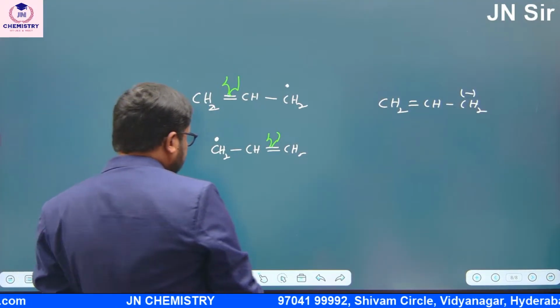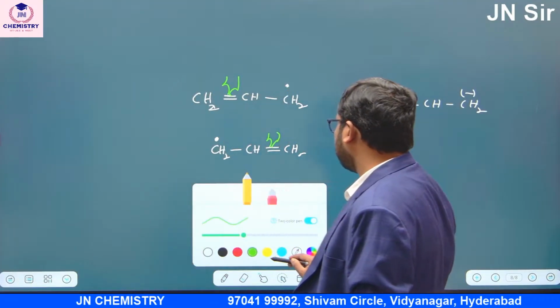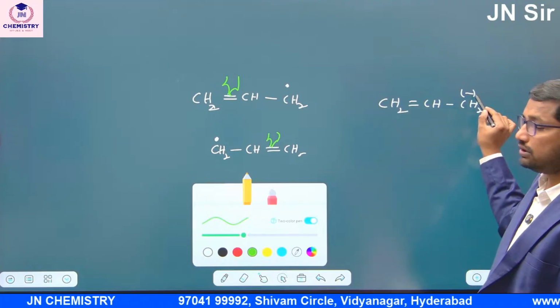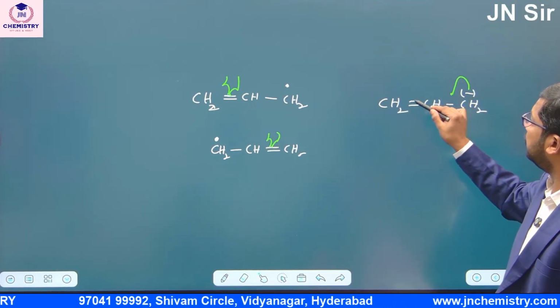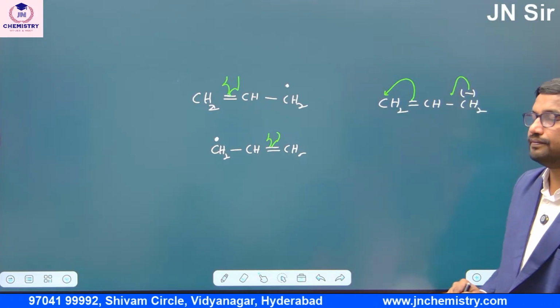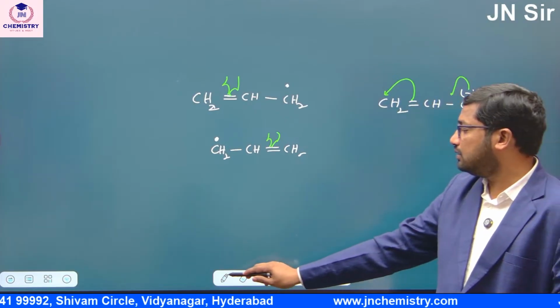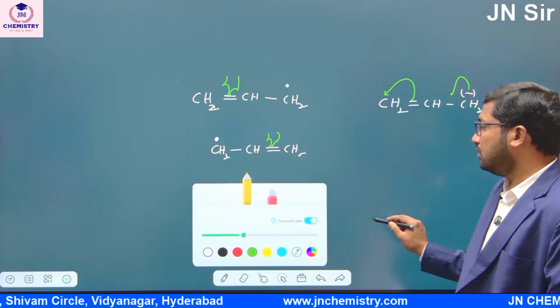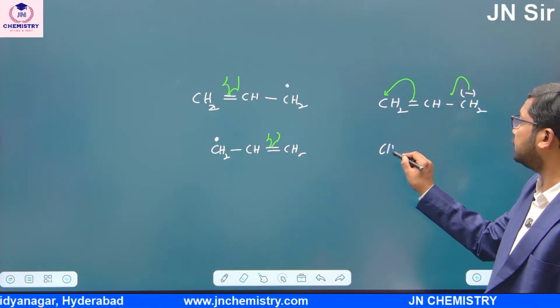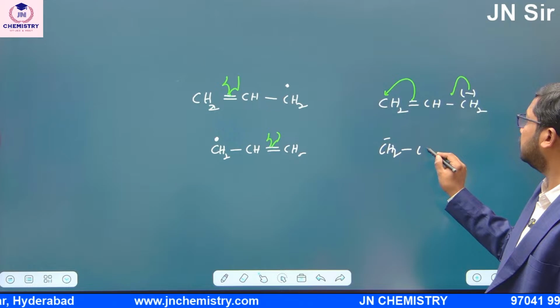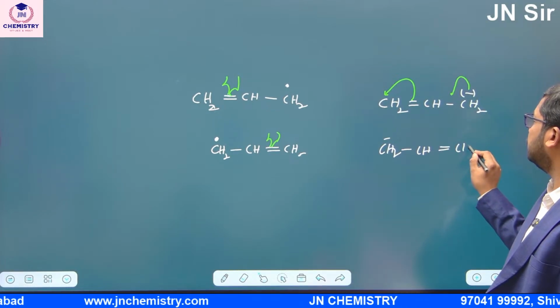In this case this negative charge comes here, the pi bond migrates to here, then CH2 negative charge, double bond.